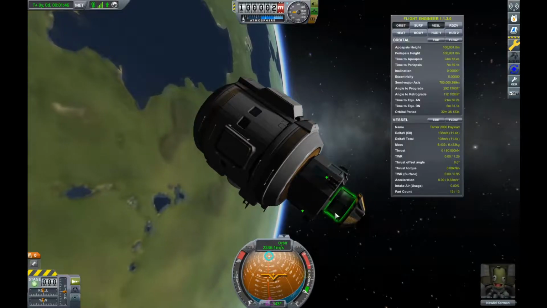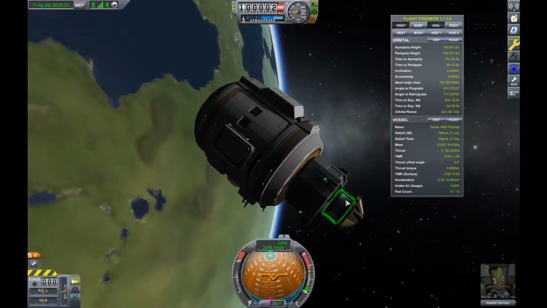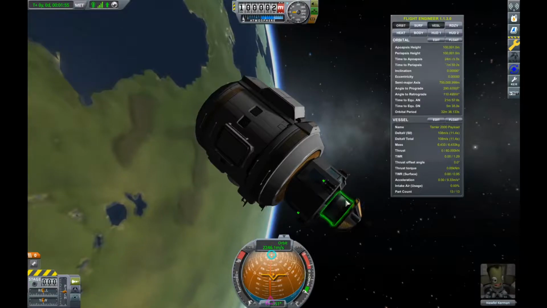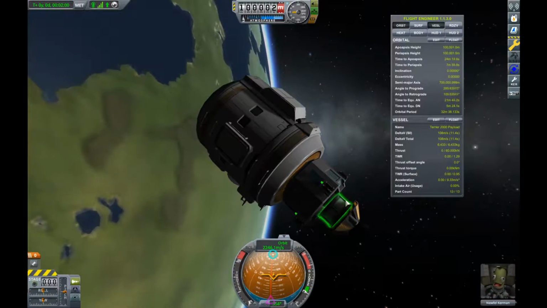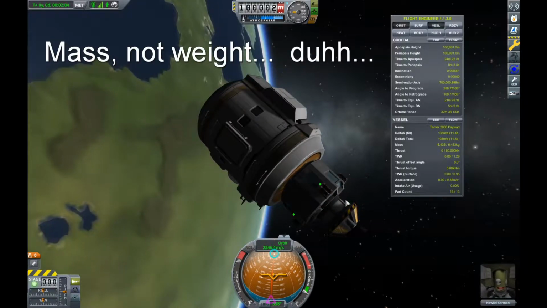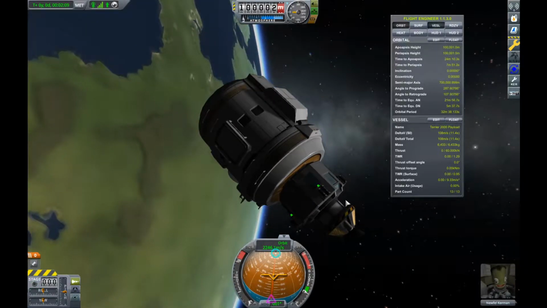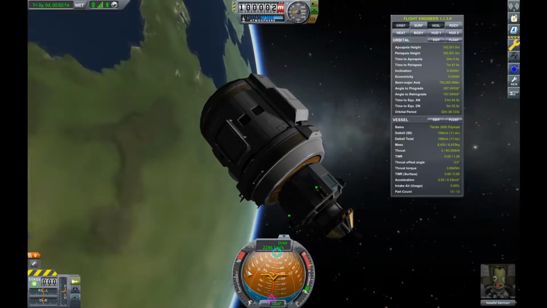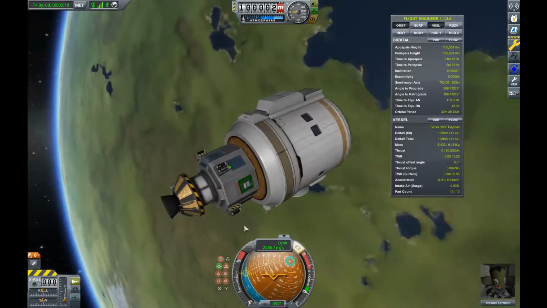Now essentially the calculation for delta V takes into account how much thrust we will get from the fuel that we have, how much fuel we have, and how much our craft weighs. So if we have a lot more fuel, then we can go further. If our craft weighs a lot, then we can't go as far. And this is an example of that. So let's go prograde, and we know what's going to happen.